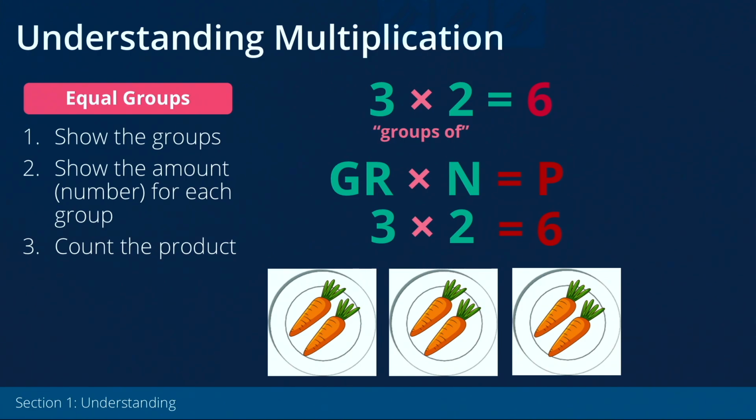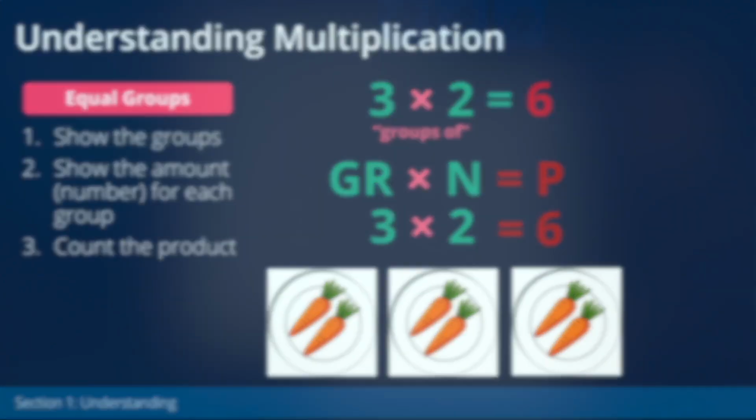Using visuals such as the one that you saw there, or ones that students are using, maybe they're using manipulatives or doing this with drawings, that's really going to help them understand that I have groups with an equal number in each group. Here, those plates represented our groups, but you can use a lot of different shapes to represent groups. And then my carrots represented the equal number on each of those groups.